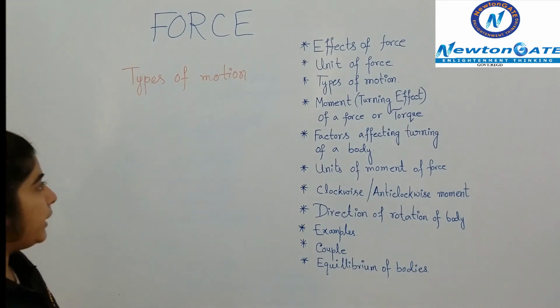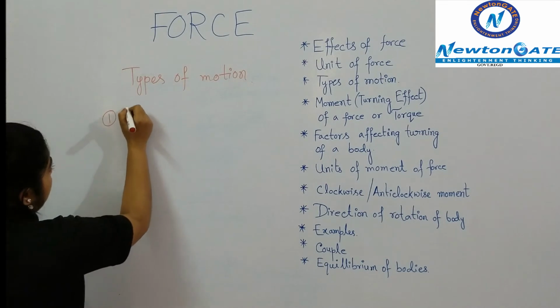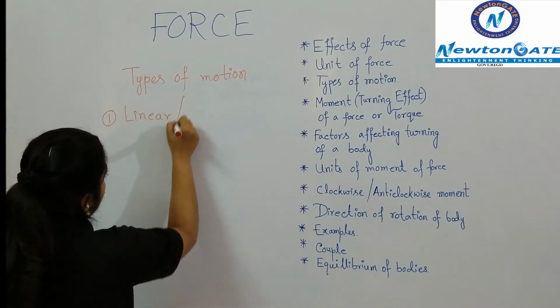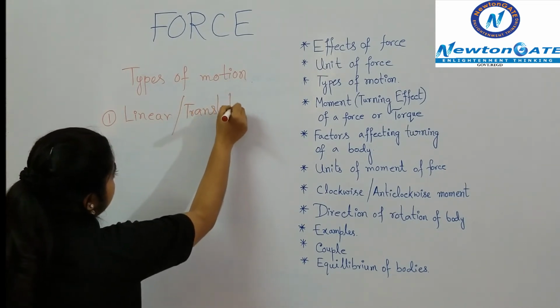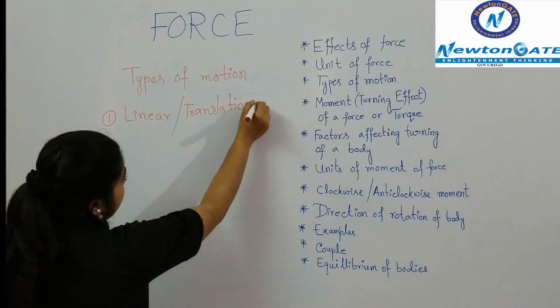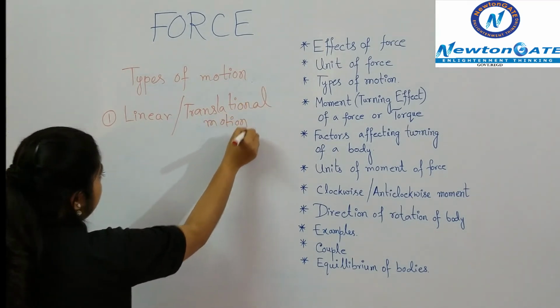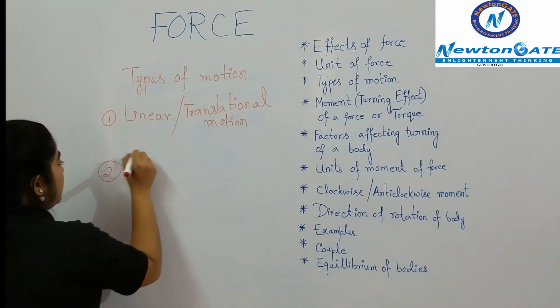Types of motion in any body can be of two types. Number one, linear or translational motion. Another is the rotational motion.